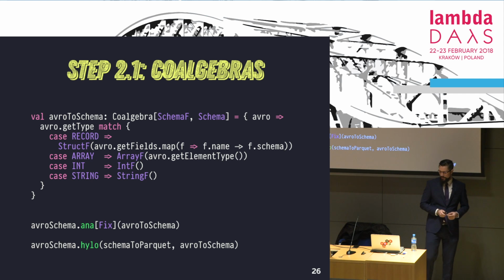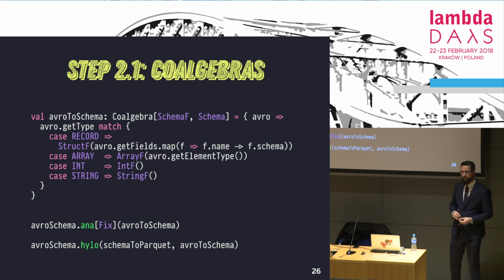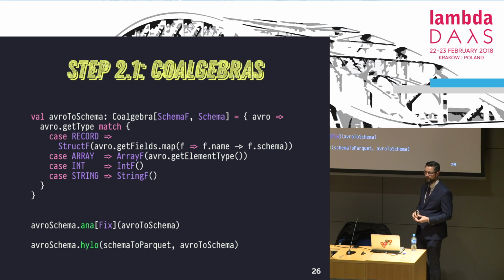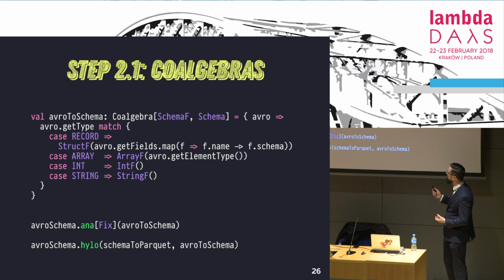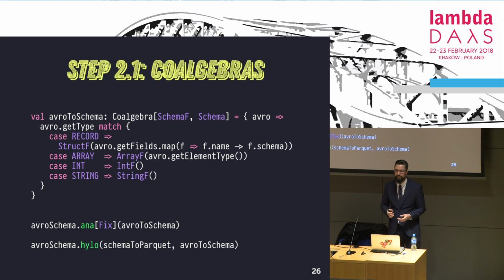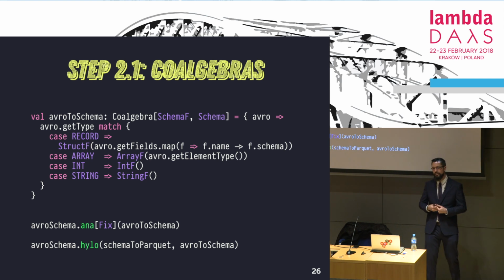The other way around. Suppose I want to transform an Avro schema into my schema F. All I have to do is provide a coalgebra of SchemaF and Schema, which is the Avro type for the schemas. So this is basically a function from Avro Schema to SchemaF of Avro Schema. Right? So again, I only have to build one layer at a time. I will build a SchemaF that contains little smaller bits of Avro schemas.